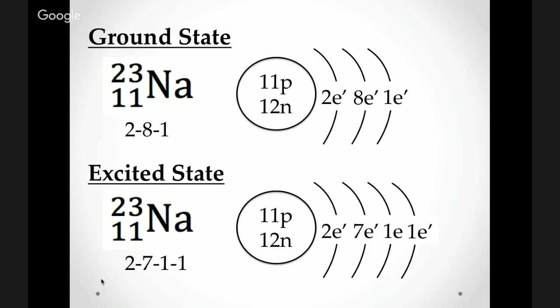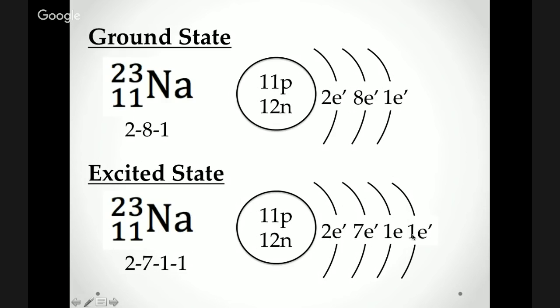And if we look at this, we can see that it basically had 1 electron jump to the 4th shell. But we still have 2 and 7 is 9, plus 1 is 10, plus 1 is 11. So we still have the same amount of electrons. So keep in mind, we don't gain or lose electrons. It's just a redistribution temporarily, and then we go back to our ground state.